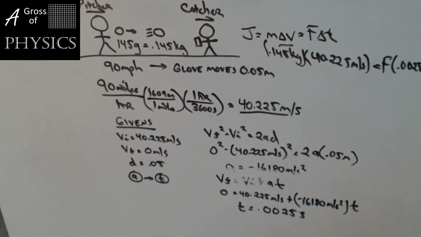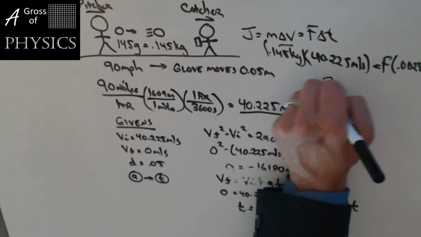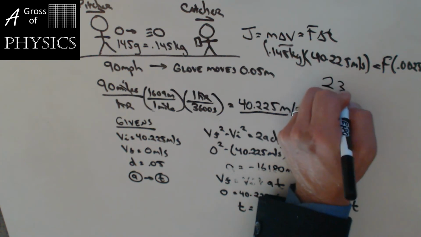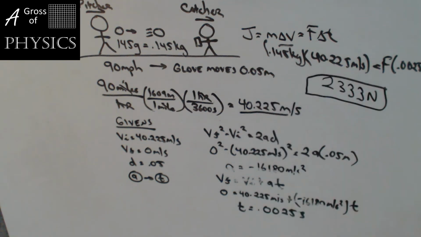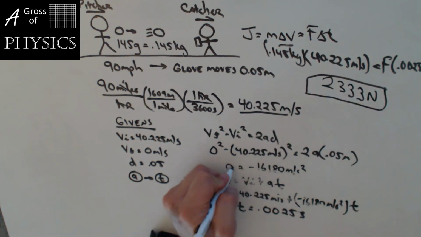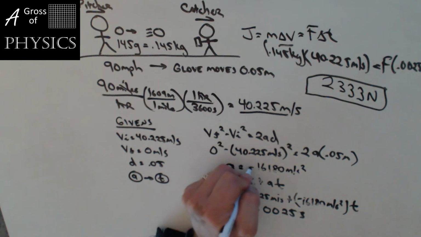So if I do 0.145 times 40.225, then divide that by 0.0025, I can figure out the force on the ball is 2,333 newtons. 2,333 newtons, which is quite a lot of force.